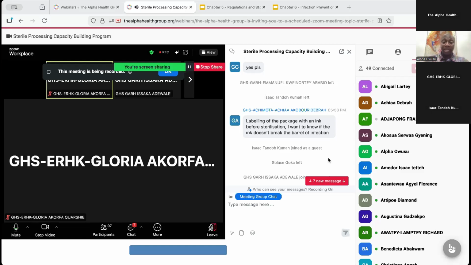Do not use ink. When you use ink and after sterilization you see that it has leaked, have you thought of where those leaks went? They have gone back into the instrument, and that is contamination right there.